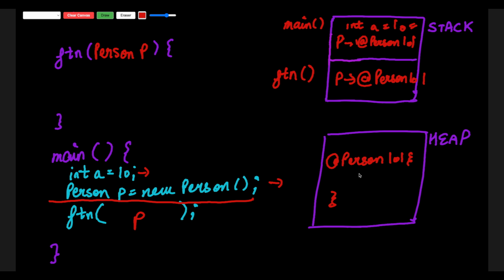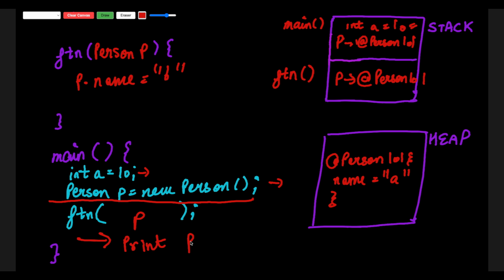Now let's say this person object has a name field, name equal to a, and inside this function I have changed the name to b, and I print p.name in this line. So what do you think? What will be printed in this case?